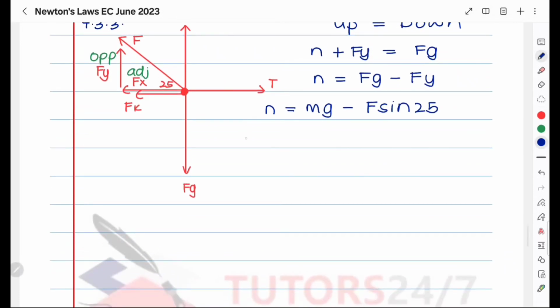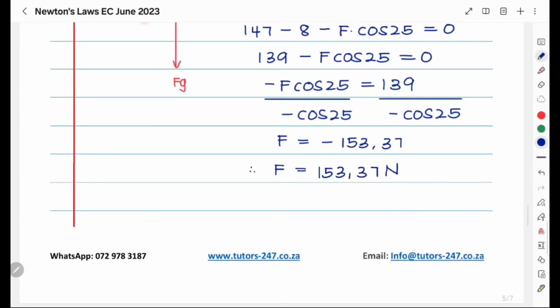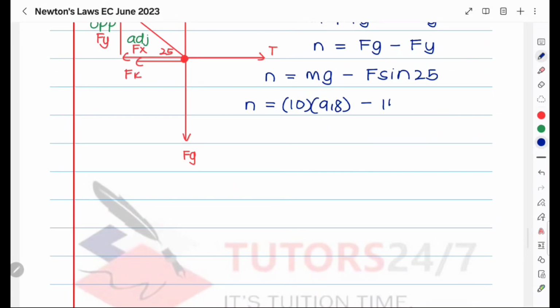From here, let us substitute. So we know that the mass is 10 kgs, g is 9.8, applied force was just calculated as 153.37, sine of 25.